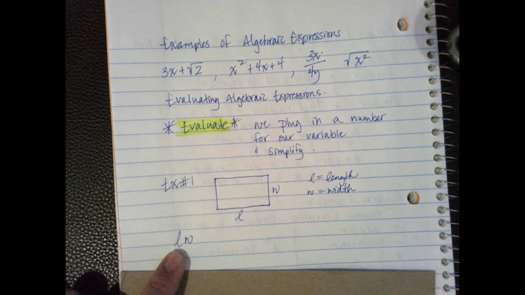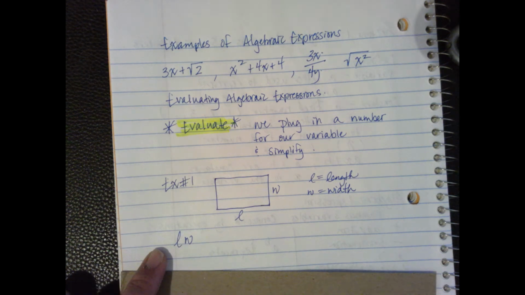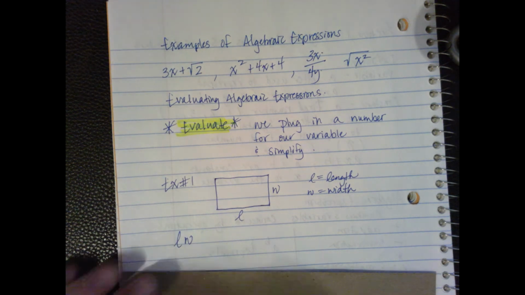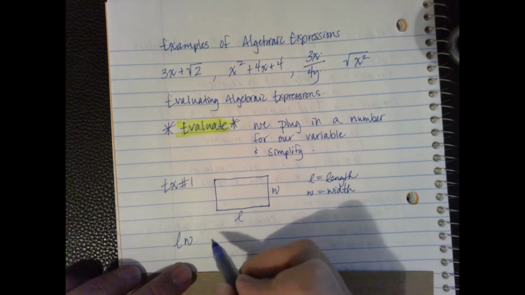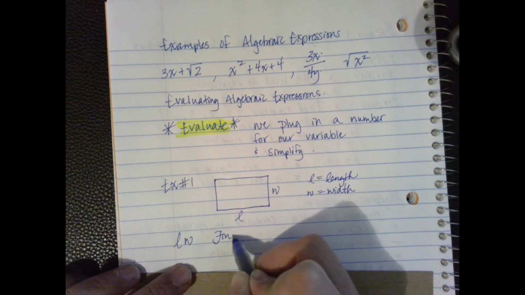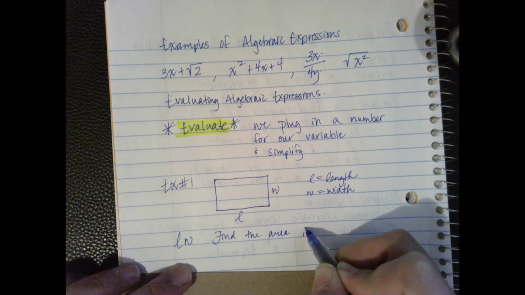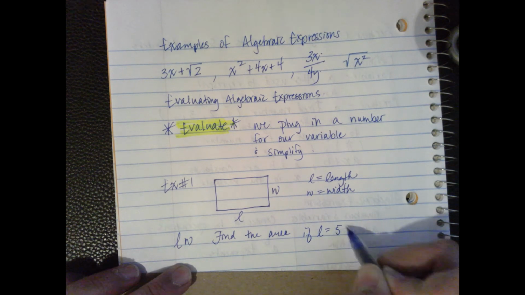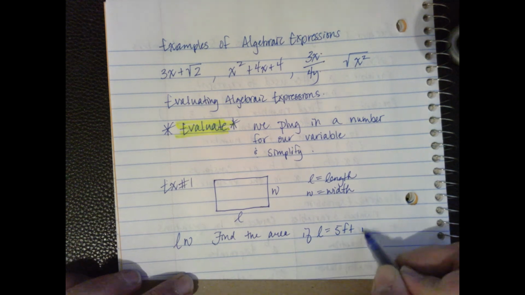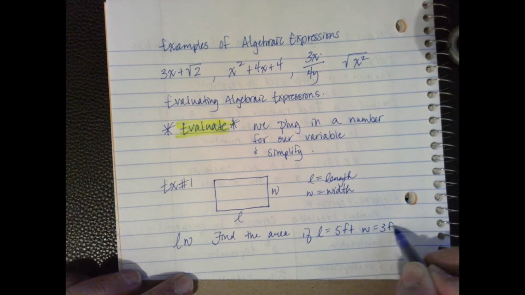And this is telling me, since I don't see an operation happening, that I need to multiply these two numbers. Okay, so we can find the area if L equals 5 feet and W equals 3 feet.